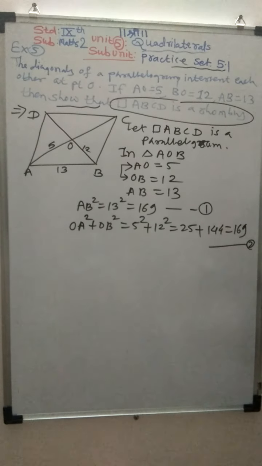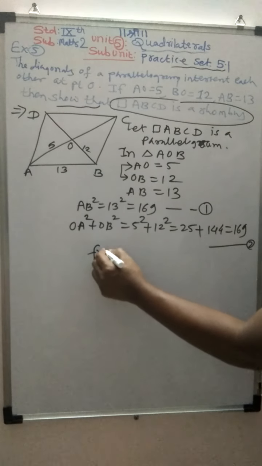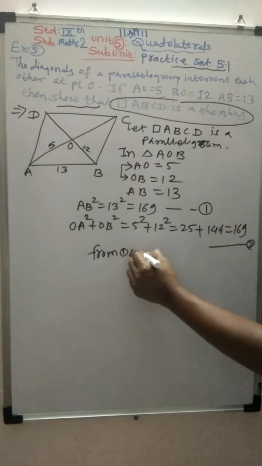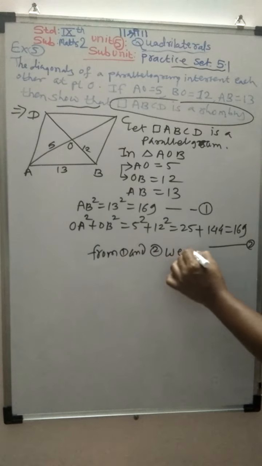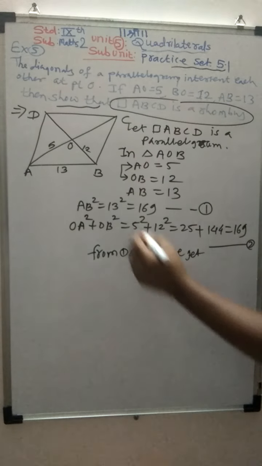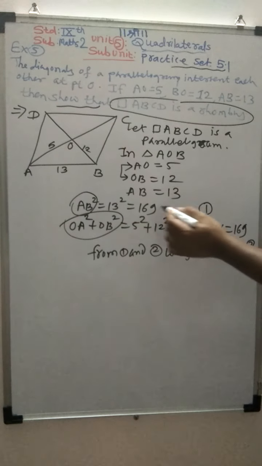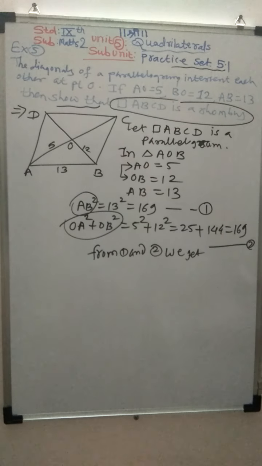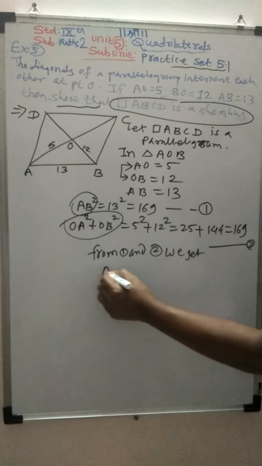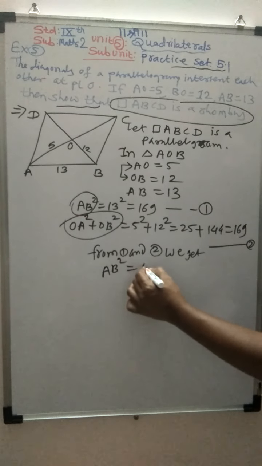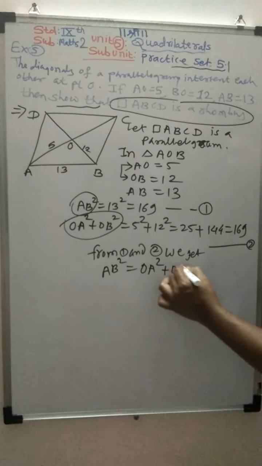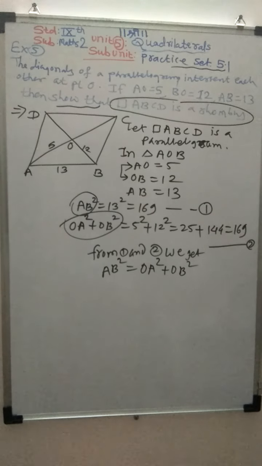Now from equations 1 and 2 we conclude, because their right hand sides are equal, that AB square is equal to OA square plus OB square.